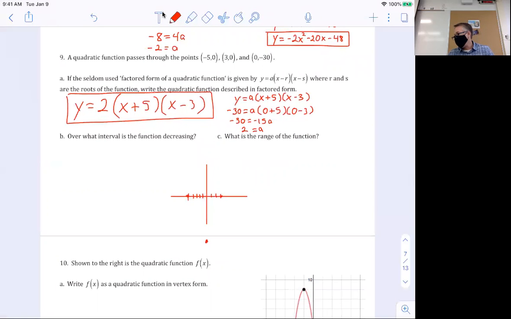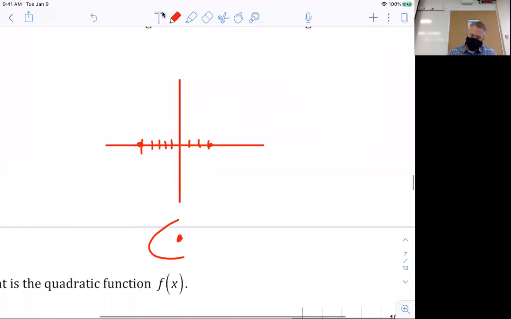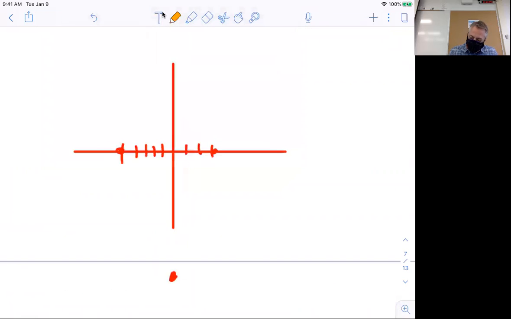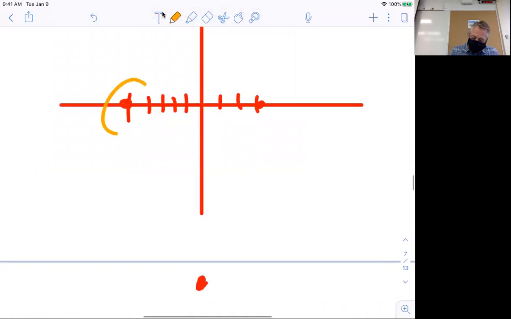Now I know that it opens upward. I told you guys before, though, that 0, negative 30, like this thing is not the vertex. Here's how I know. If these guys are our roots, the vertex has to be right in the middle of here and here. So this is at negative 5, and this is at positive 3.